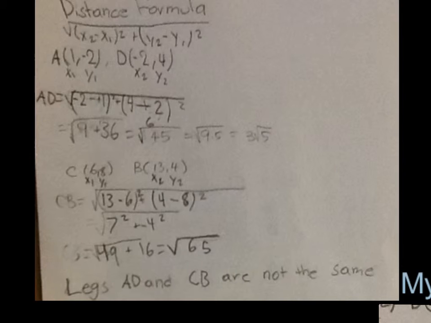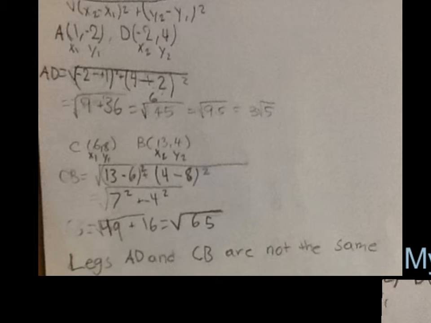That squared, I got positive 9. Then we have to do 4 plus 2, you get 6, and you have to square 6, so it equals 36. So 9 plus 36 equals 45. Then I simplified it, I think. It equals the square root of 9 times 5, and that equals 3 root 5.